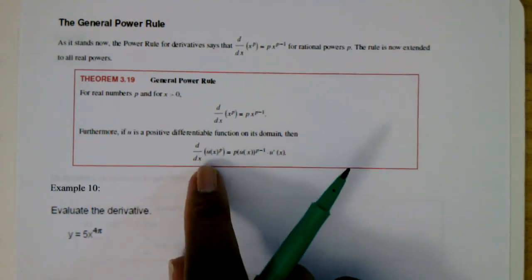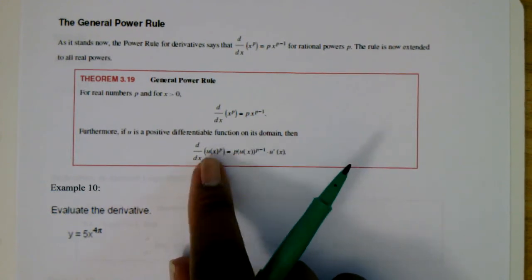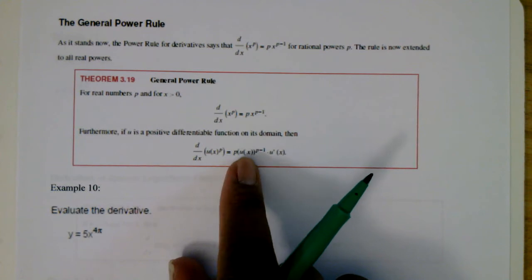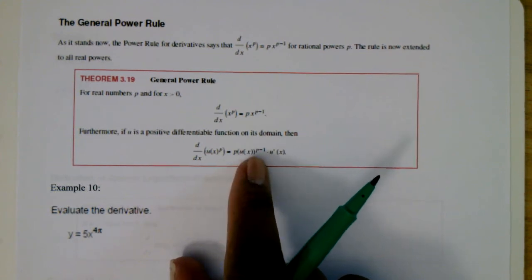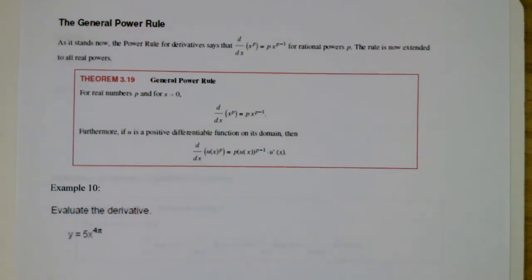Here we have the derivative with respect to x of u of x raised to the p. Here we bring the exponent down in front of the u of x function to the one less power, and then we take its derivative of u of x, which will be u prime of x. So pretty much we apply the chain rule there.